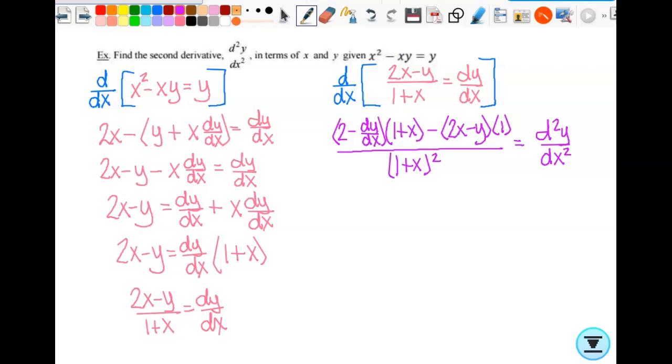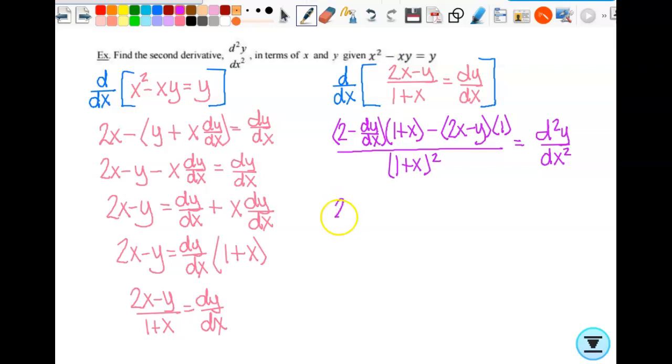Say it to yourself every time: the derivative of the first times the second minus the first times the derivative of the second, over the denominator squared. Or you can say top and bottom, but if you say first and second, it works for product and quotient. So I have one thing left to do here, right?